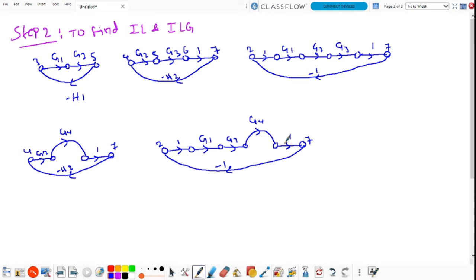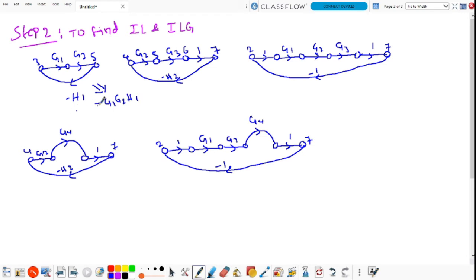Now calculate the individual loop gains. Individual loop gain is the product of the branch transmittances. The first individual loop gain is G1 into G2 into minus H1, so loop gain L1 is minus G1 G2 H1.